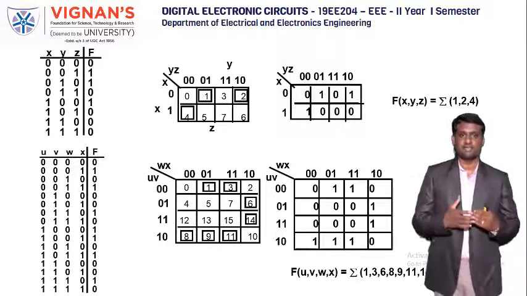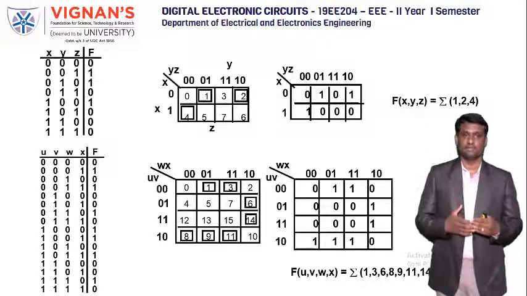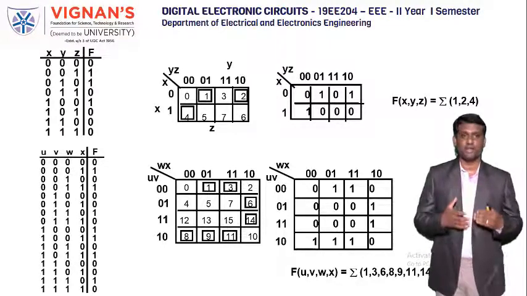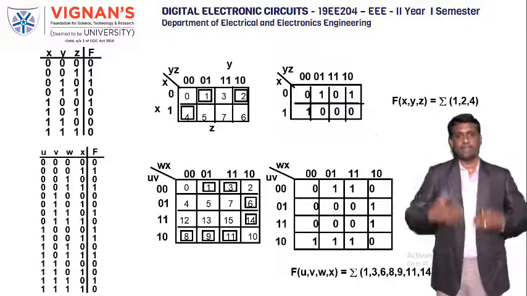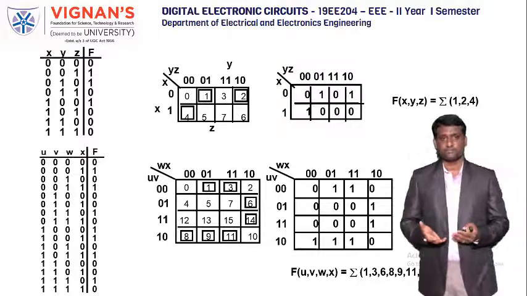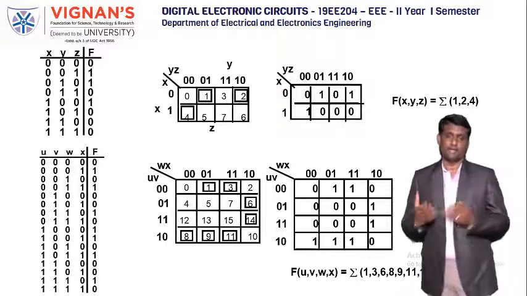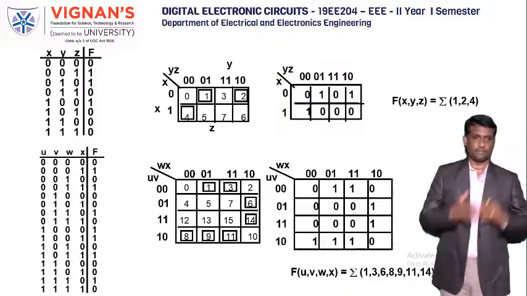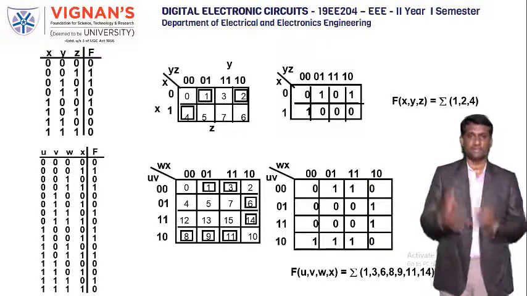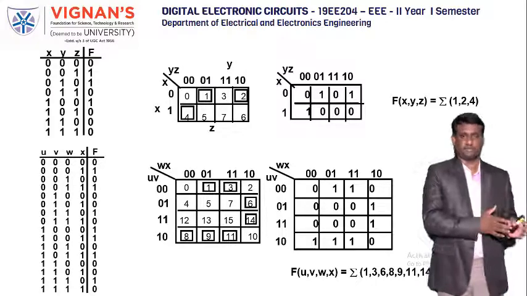That means if the function is given as f of u, v, w, x equal to the sum of min terms of 1, 3, 6, 8, 9, 11, 14, we can also represent it on the K-map. The representation of a Boolean function in SOP or POS form, from the truth table onto the function values, we have already seen in the previous lecture.